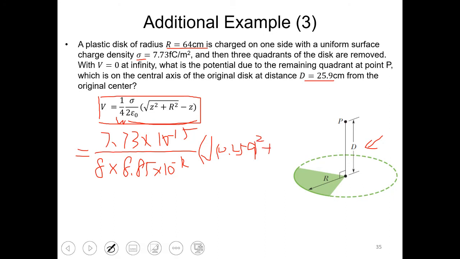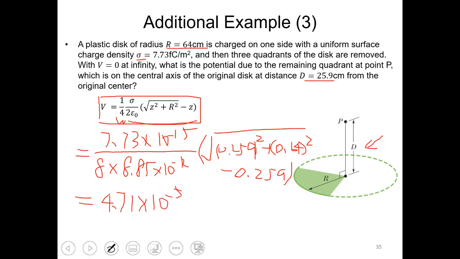R is 64 centimeter, which is 0.64 squared. Take the square root, and then we minus z, which is capital D, which is minus 0.259. So the answer will be 4.71 times 10 to minus 5 volts.